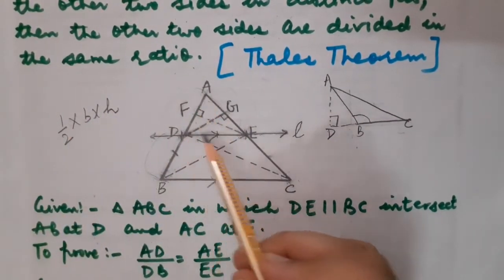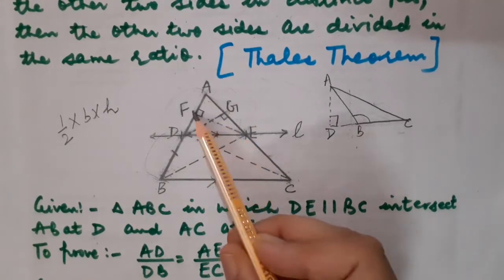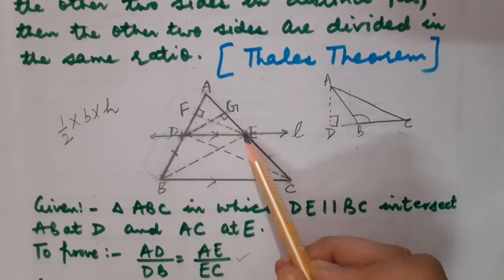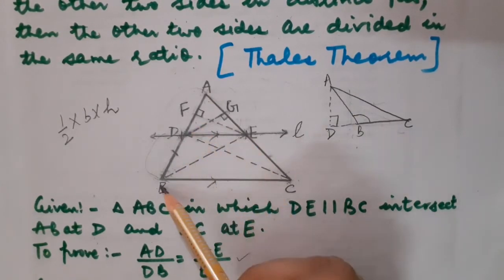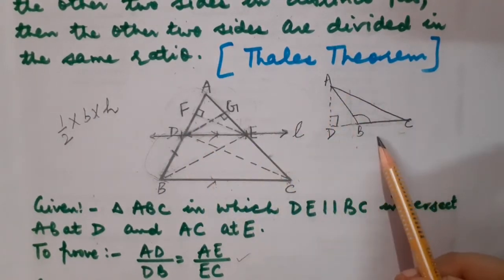So in triangle ADE, I am going to take EF as the perpendicular, and this EF will become the perpendicular for this obtuse triangle BDE as well. I am going to explain this concept with a simple diagram.